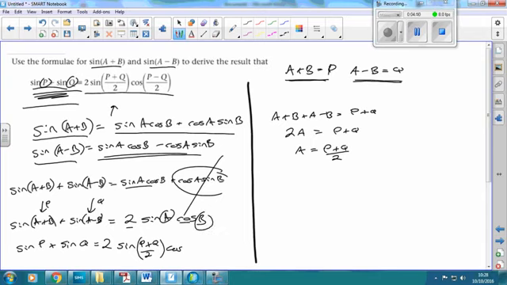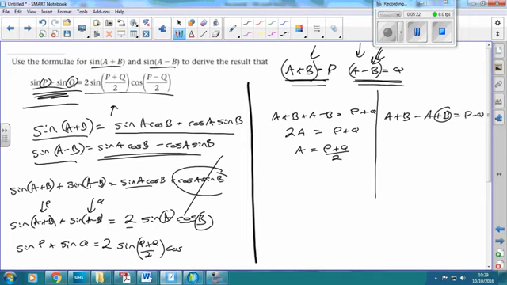So again, we've got a plus b equals p and a minus b equals q. So we're going to do this one minus this one: a plus b minus (a minus b) equals p minus q. Just be careful with that, because when we do minus this thing here, it's going to be minus a, then minus minus b, which is plus b.